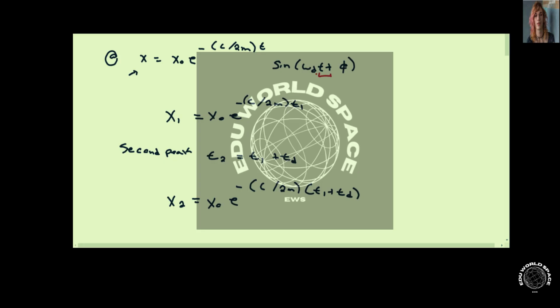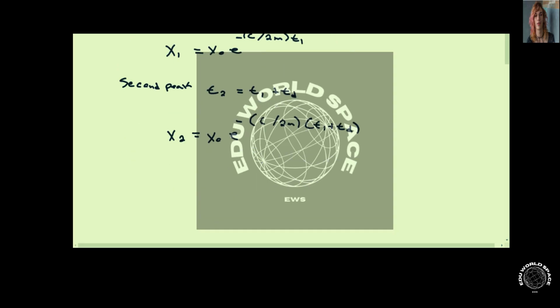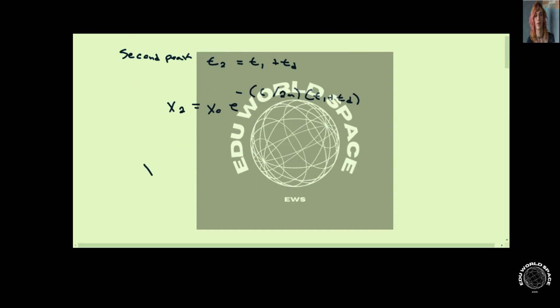Now we're just going to put x2 on top of x1. So we have x naught e to the minus c over 2m times t1 plus T, over x naught e to the minus c over 2m times t1.